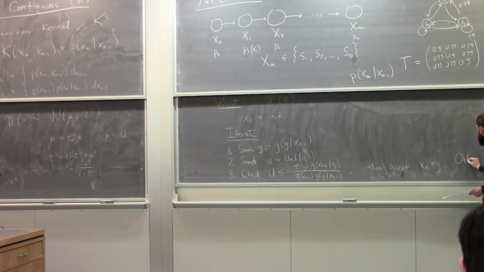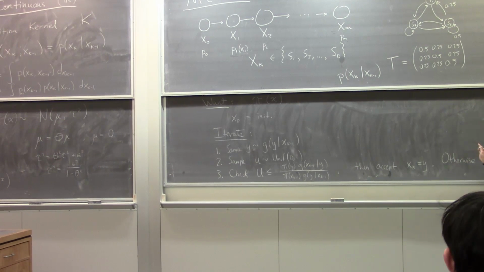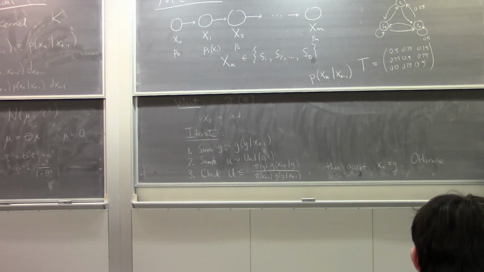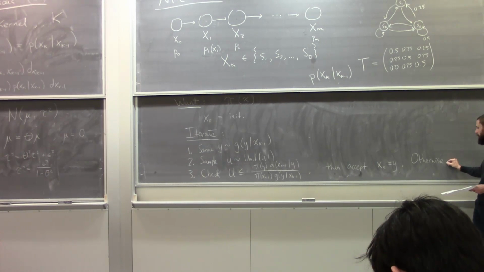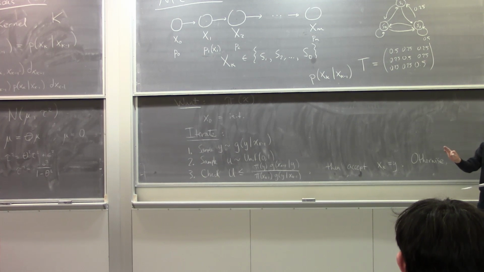Otherwise, and this is an important trick here, when we reject, it doesn't mean you throw away that sample. This messes people up sometimes when you actually implement these algorithms. Rejection does not mean throw away.